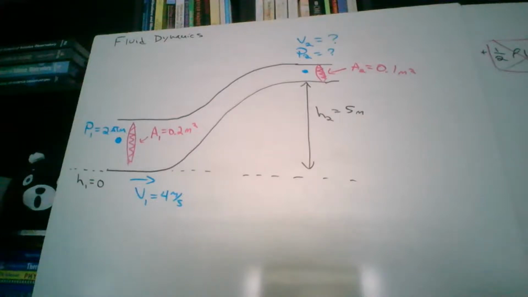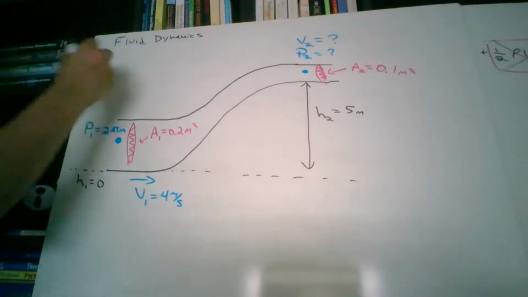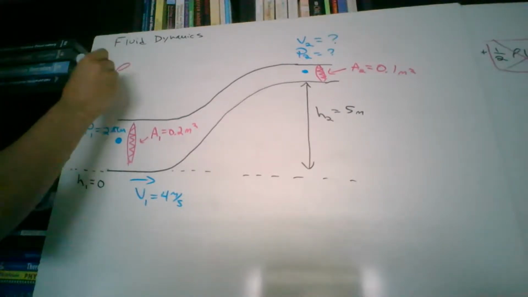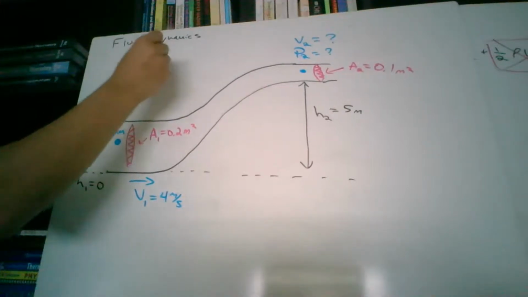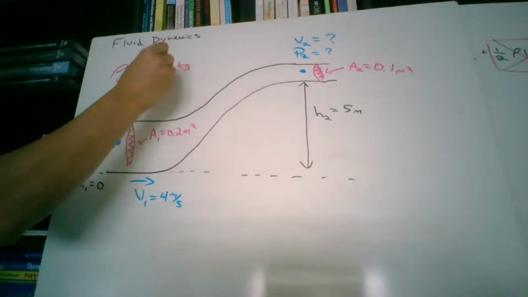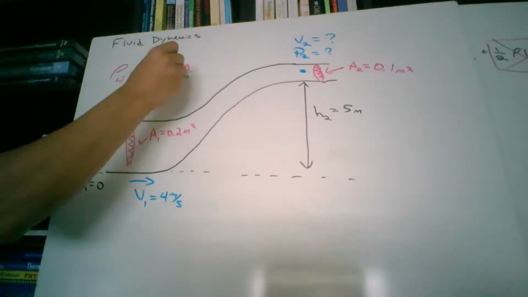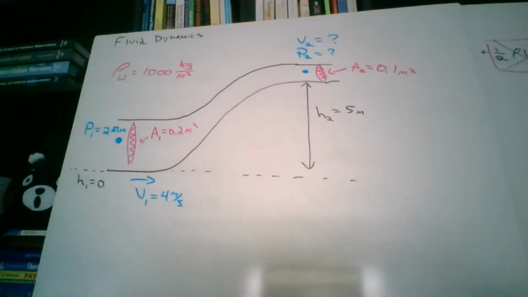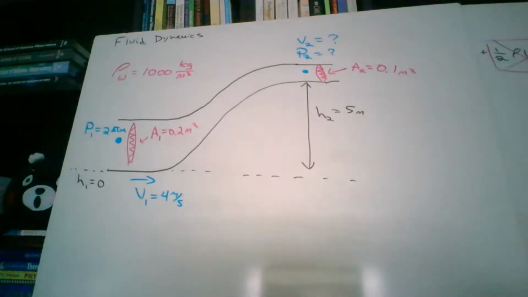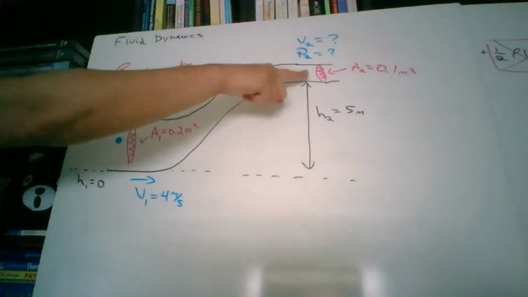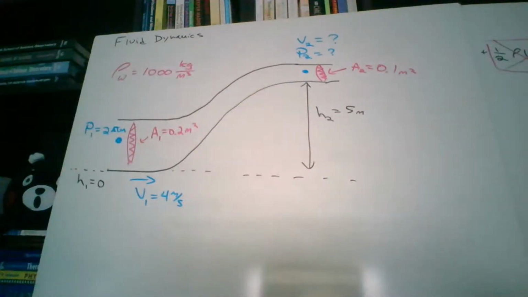So the density of water is 1,000 kilograms per meter cubed. So you got water going here, and it's going to get pushed up there. And what we want to know is what the velocity at 2 is and what the pressure at 2 is. Okay?